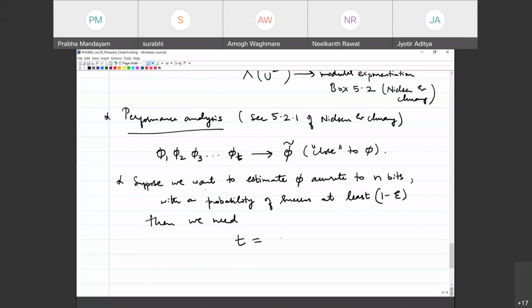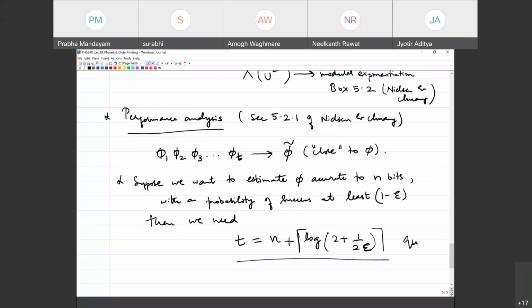So this is why I said when you choose T bits, you're estimating phi to an accuracy of roughly T bits, right? But this is the exact statement of what the error is. So T goes as n plus log of 2 plus 1 over 2 epsilon, where epsilon essentially captures the probability of failure, right? So this is some ceiling function, okay? So we need these many qubits.